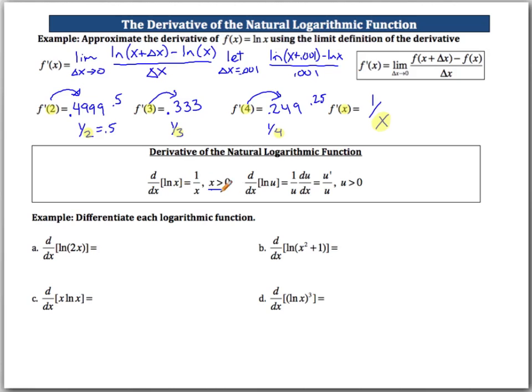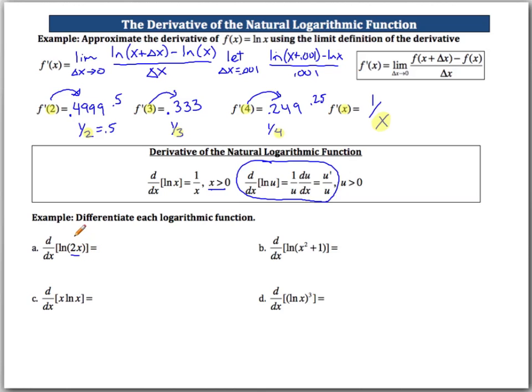If we want to use our u substitution, we could see the derivative with respect to x of natural log of u is 1/u times du/dx, or u prime over u. So this is really if we needed to use the chain rule. Okay, so this is really the one that you want to focus on right here. So let's try a couple of these. Here, the derivative with respect to x of natural log of 2x.